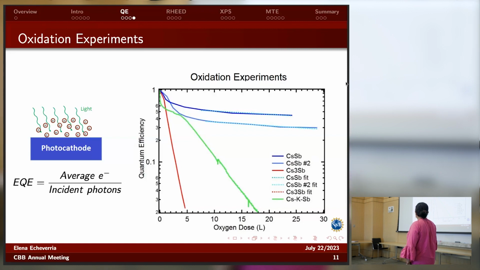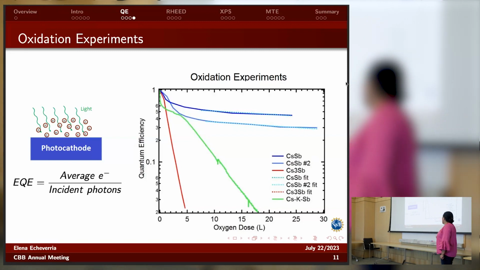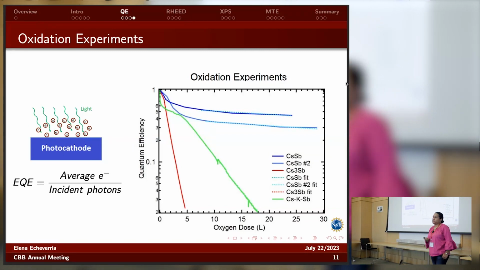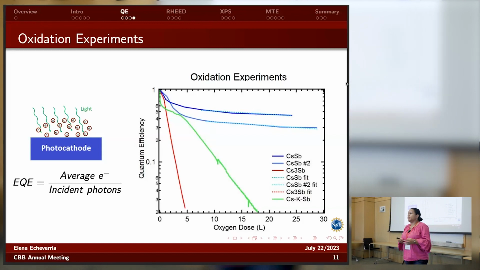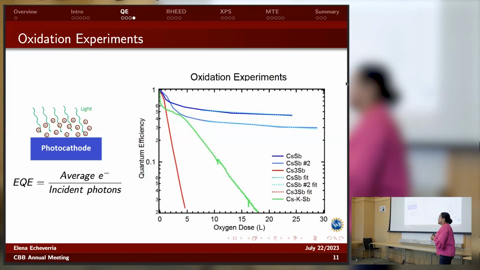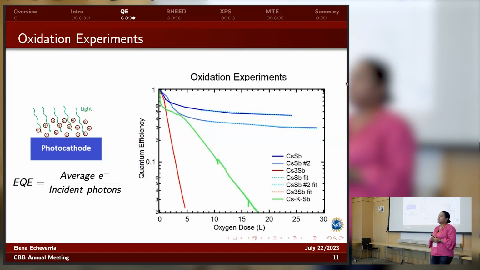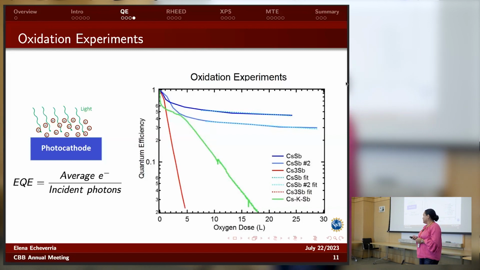Also, you can see from this plot that if we include potassium, we will have a little bit more response with respect to Cs3Sb. Okay, those are the kinds of experiments and characterization we can do on the cathodes in terms of quantum efficiency.